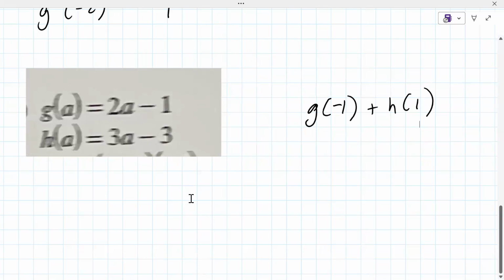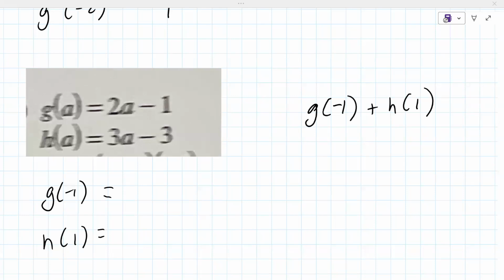And that means that as an in-between step, you have to figure out what g of -1 is and what h of 1 is. -3.